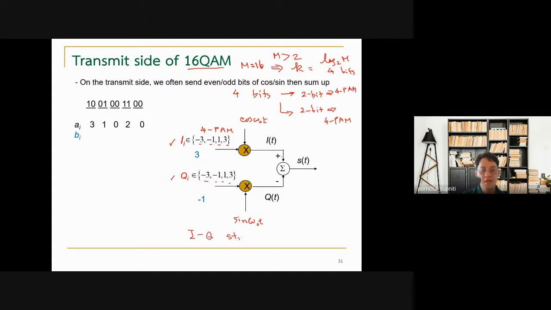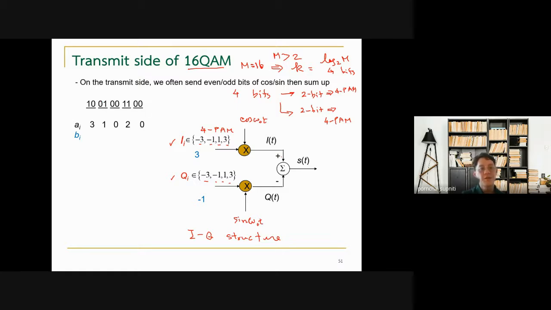Last time we also saw it in the PSK modulation scheme, where we modify the phases using this IQ structure. For QAM, it is very similar. We utilize this IQ structure to produce the corresponding amplitude and phases for each pulse or each symbol.